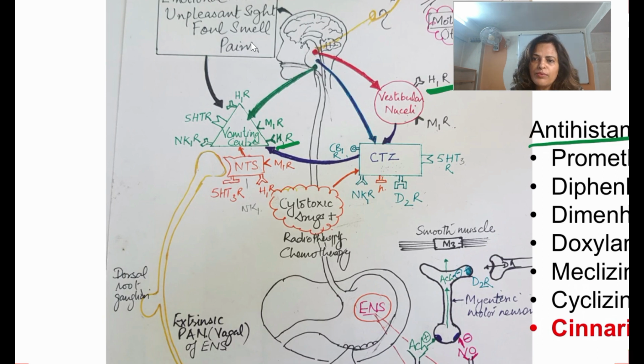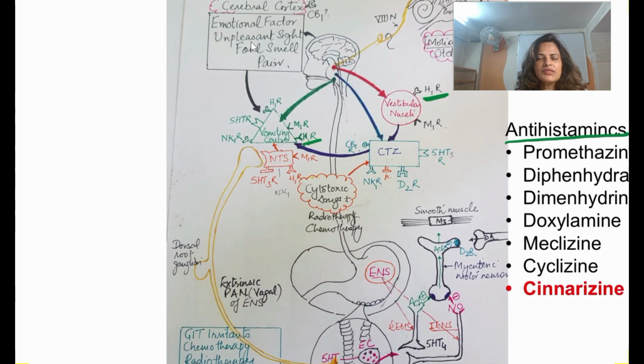So they are going to block these directly, plus, just like an anticholinergic drug, they also block the vestibular impulses from the vestibular apparatus to the vomiting center. And this group of drugs is also mainly used for motion sickness.